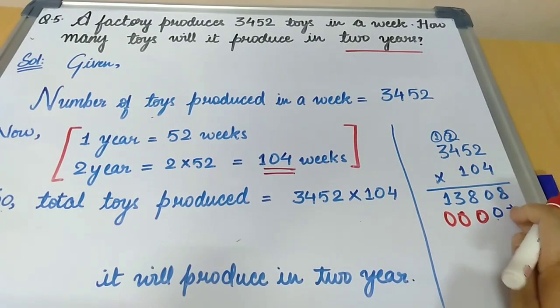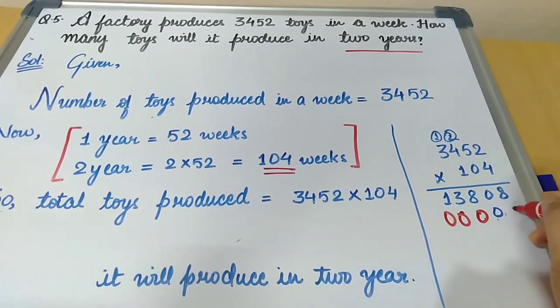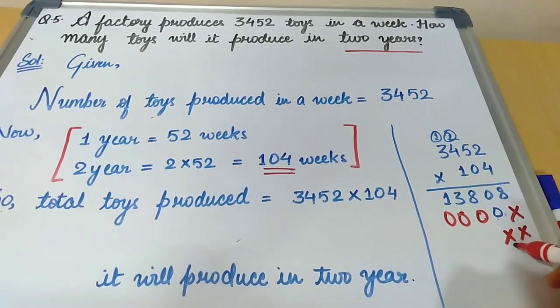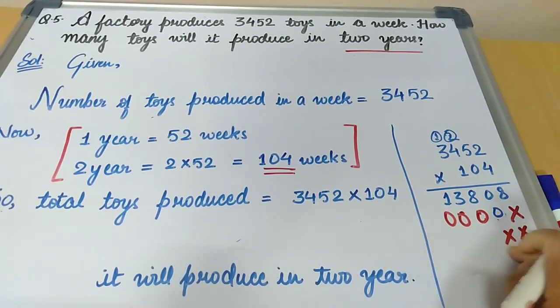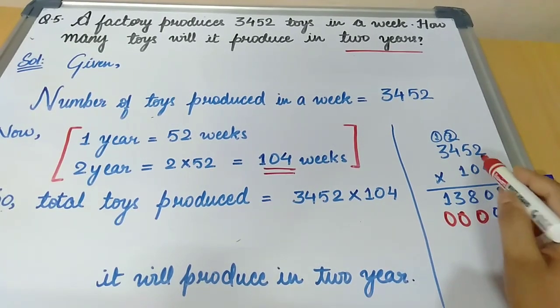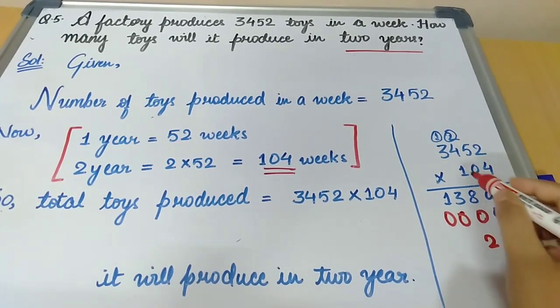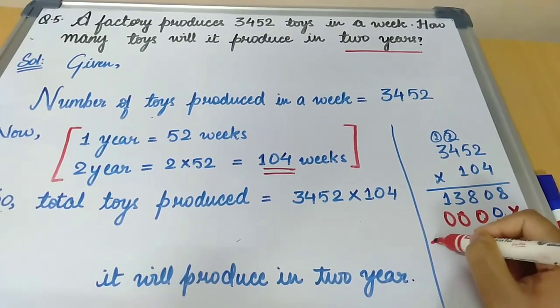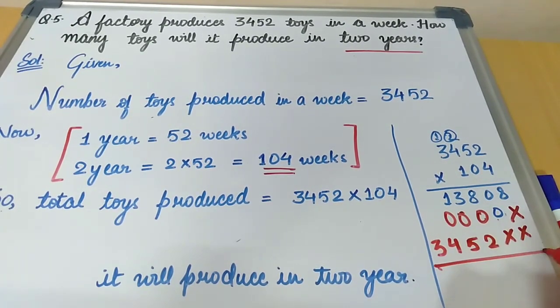Okay, and what you will do, you will write a cross sign over here. Now you will put 2 crosses over here because you have to multiply it by 1, so you have to leave 2 blank spaces. So 2 1s are 2, and 5 1s are 5, 4 and 3. The same number it will give. Now what we will do, we will add all these numbers.